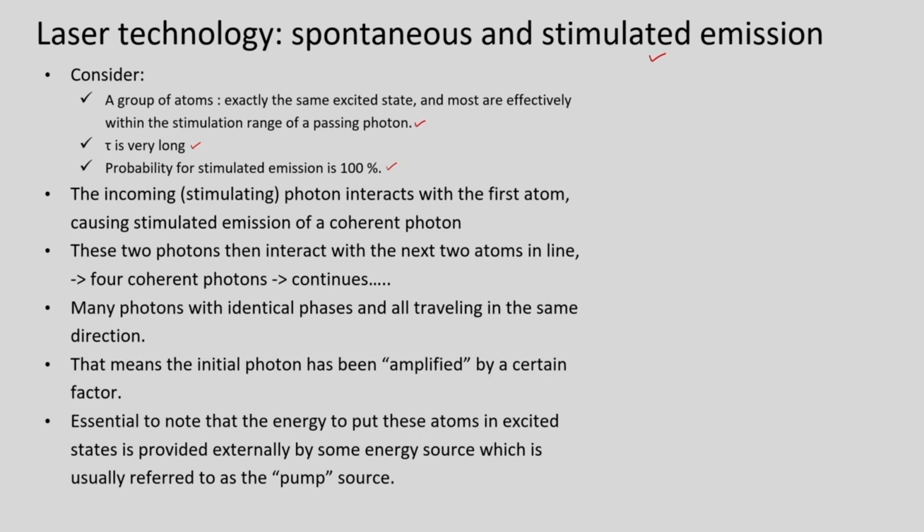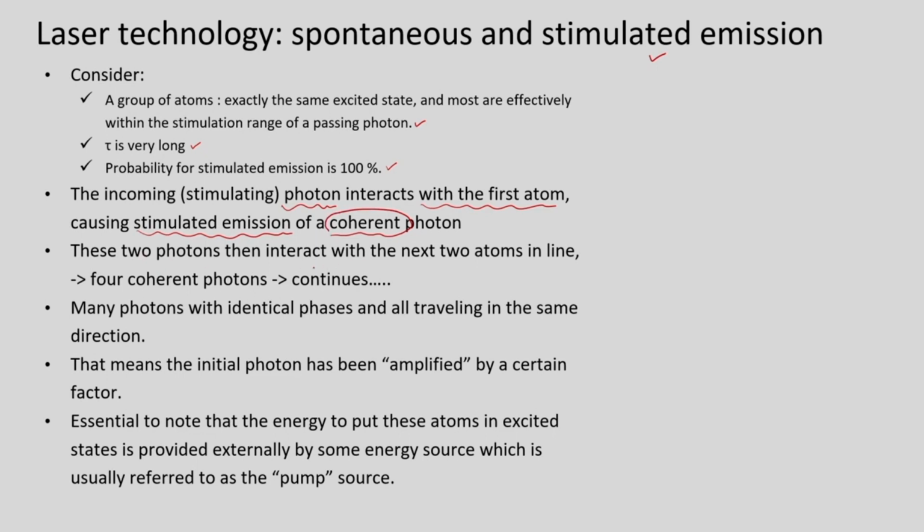The incoming photon interacts with the first atom, causing stimulated emission of a coherent photon. As we saw in our previous slide, the incoming photon interacts with the first atom and we get a stimulated emission of a coherent photon.